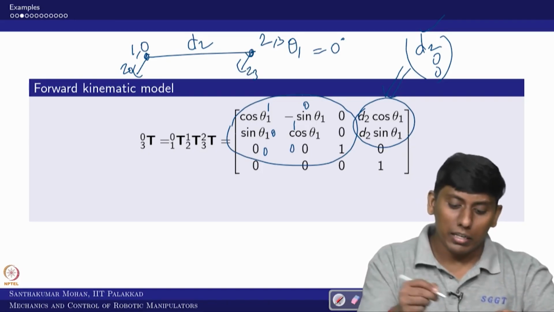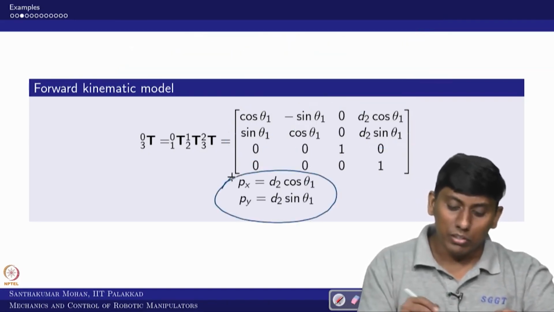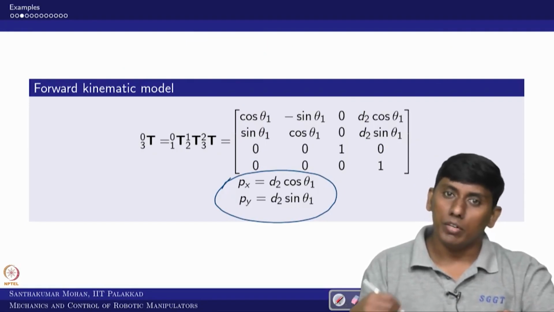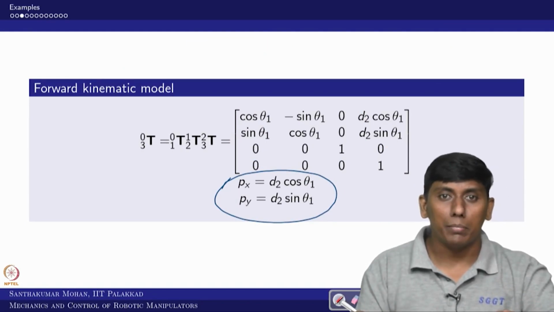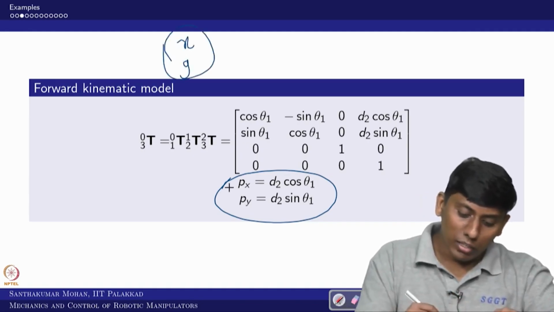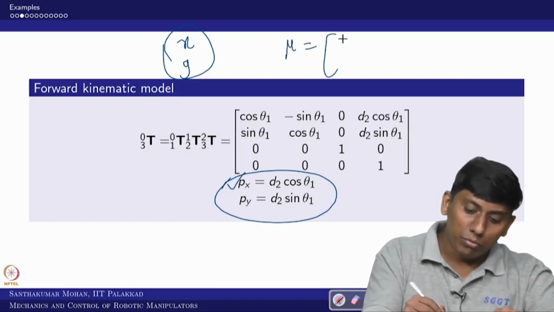So now, this is the position vector. Since it is a 2D system, only two variables can be the task space. So here the task space variables are only x and y, that is px and py.